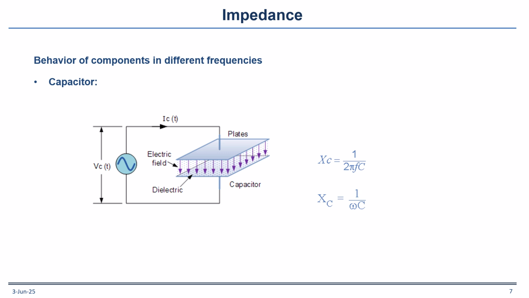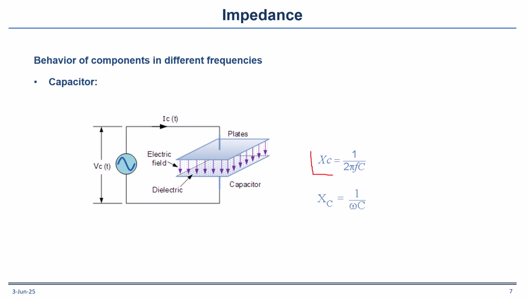If we have a DC system, if we don't have any frequency, then the behavior of the capacitor will be something like an open circuit. So we have infinite resistance. If we have a very, very high frequency, a couple of kilohertz, megahertz, then the capacitor will be something like a short circuit.